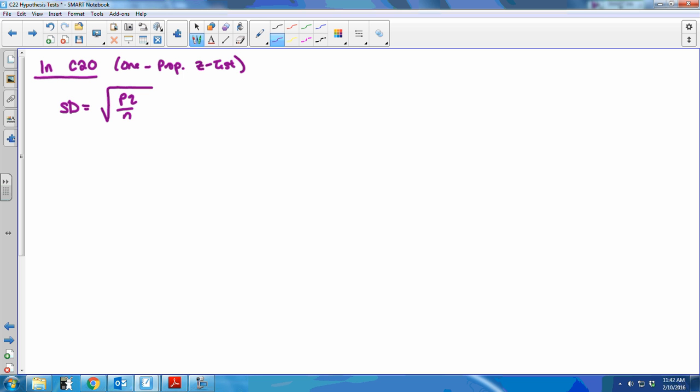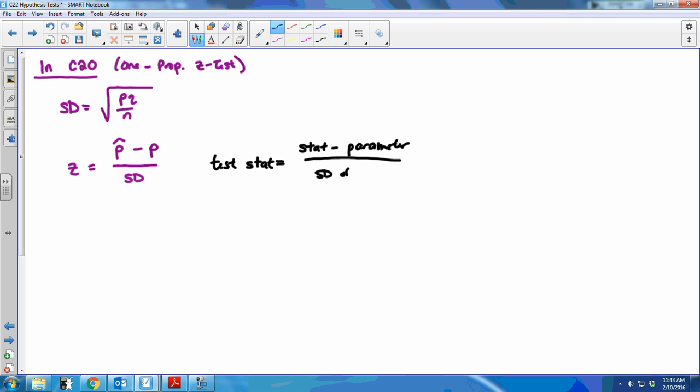After the standard deviation, what do we find? Z, which was p hat minus p over the standard deviation. Remember, it says on the formula sheet, test statistic equals statistic minus parameter over the standard deviation of the statistic. We're going to use that today to make sense of what we're talking about.